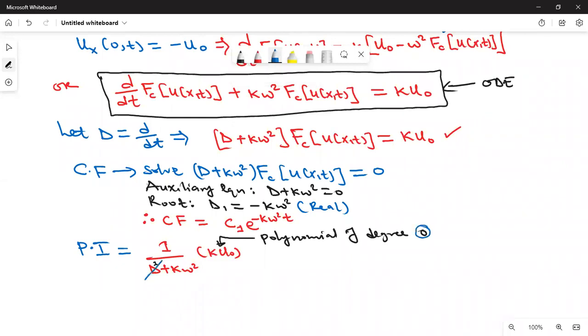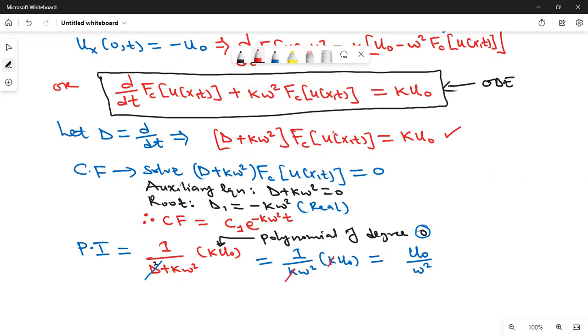I will drop that D operator, so that what I have here is now 1 over k omega squared times k u naught. And so this can be written as u naught over omega squared, because k will cancel with the other k. In fact, let me simplify here. K here will cancel with this. So we have u naught over omega squared.